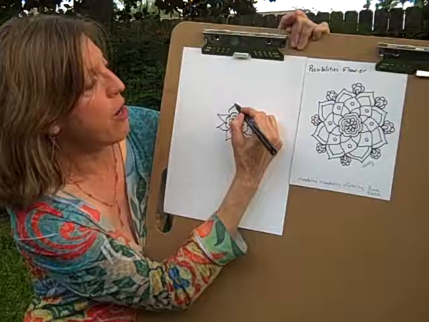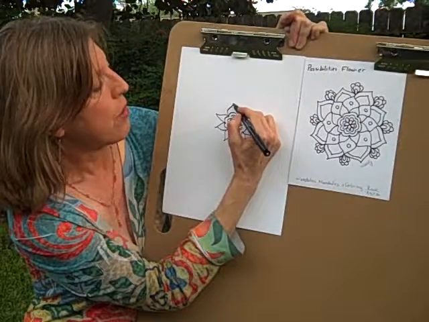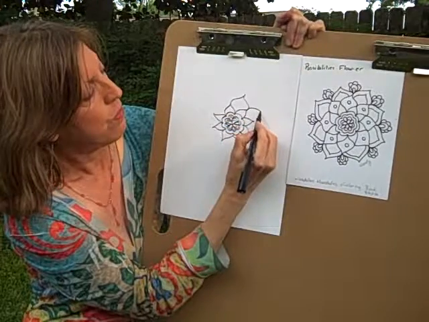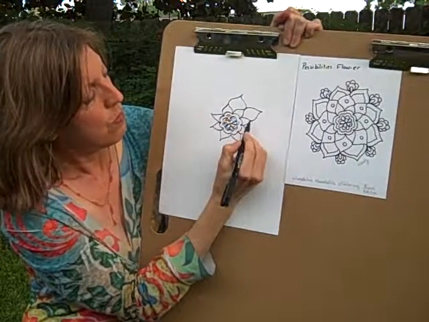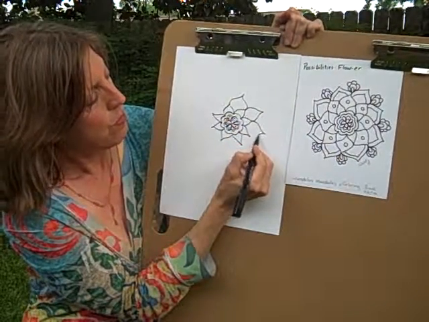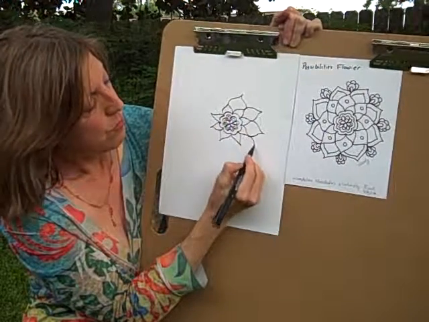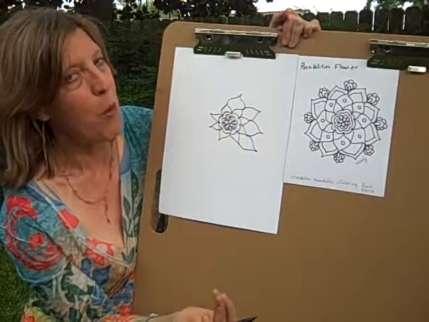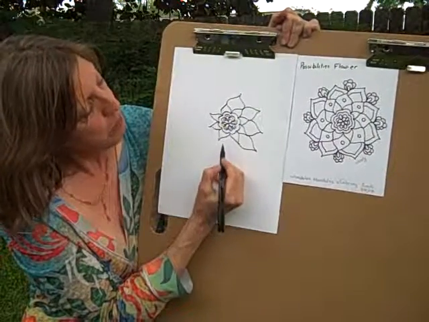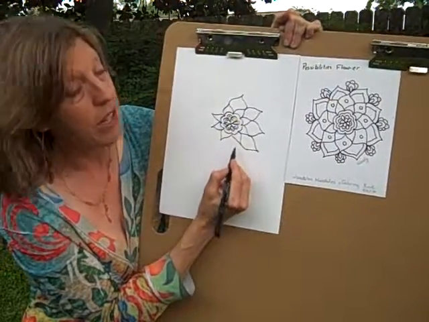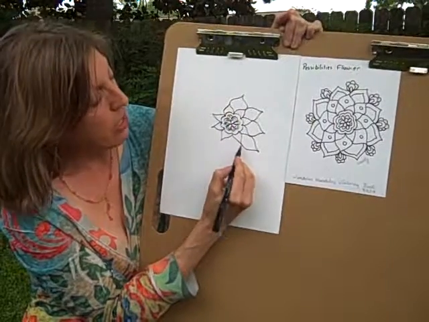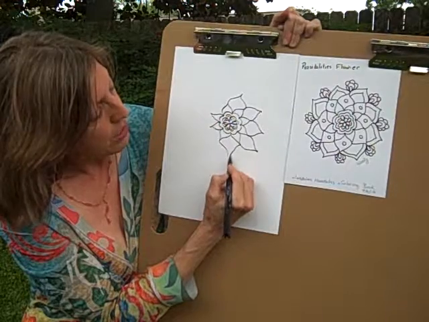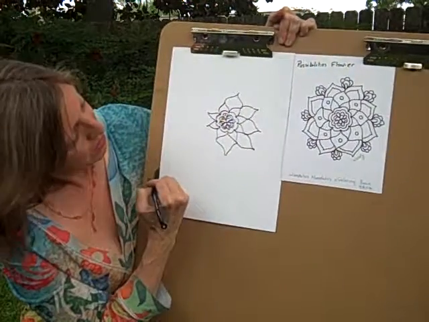And now another layer of petals that connect. If this is your first time watching this video, you may not have gotten started quite yet, and that might be a really good idea actually, so you can just get an idea of where you're going.